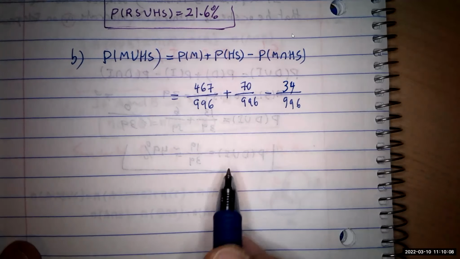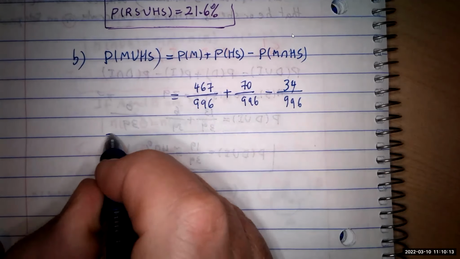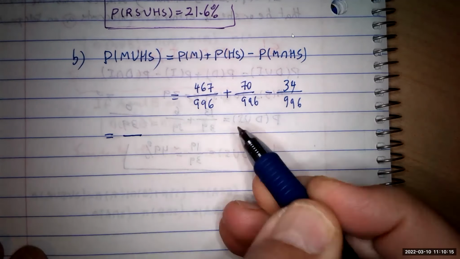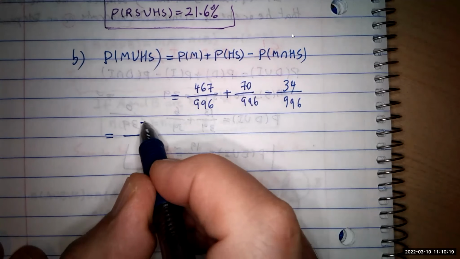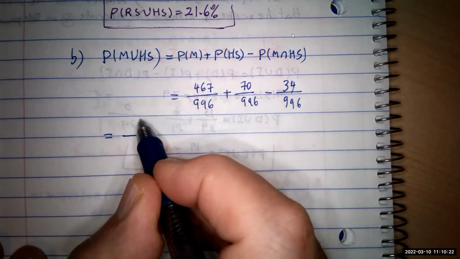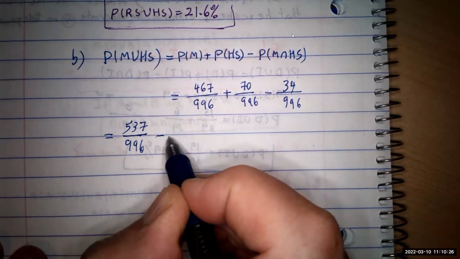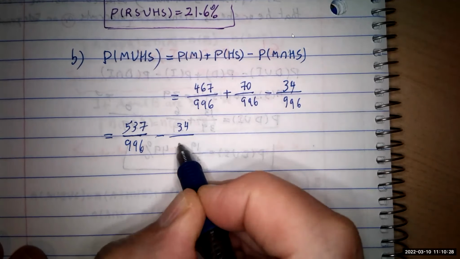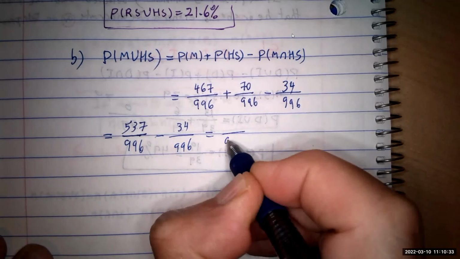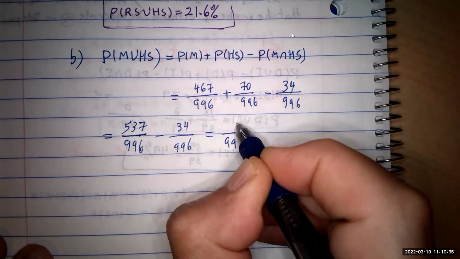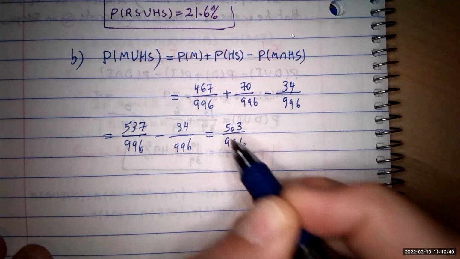Okay, you simplify it. You can add these 2 together and subtract the 34, or the other way around, or just all of them together. This is the way I do it: I add these 2 together first. That's going to be 537 over 996. Then minus 34 over 996. So it's going to be 996, and the top is going to be 503.